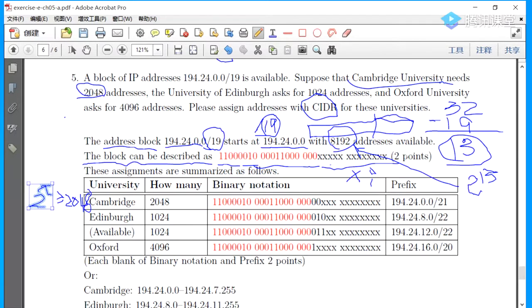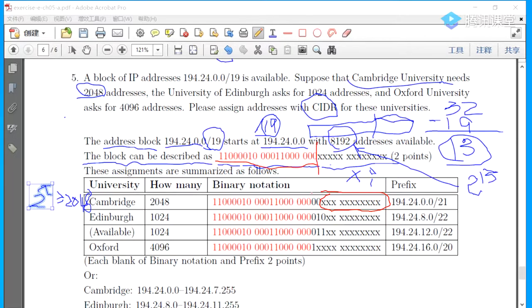We can determine x with the minimum value 11. So the length of the host portion has 11 bits. 11 bits can be from all 0 to all 1, denoted by 11 X's, right?